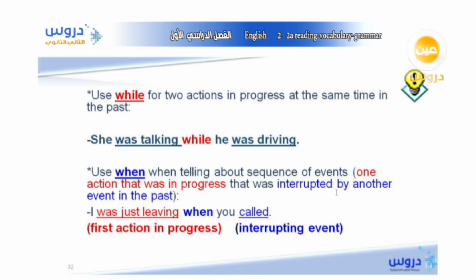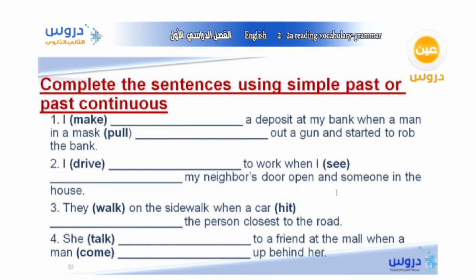Okay, if you have any questions about past progressive or continuous, Raghad, Hiba, I'm waiting for you. Okay, sounds great. I need your help, please. Each one of you take one sentence. Complete the sentences using simple past or past continuous.